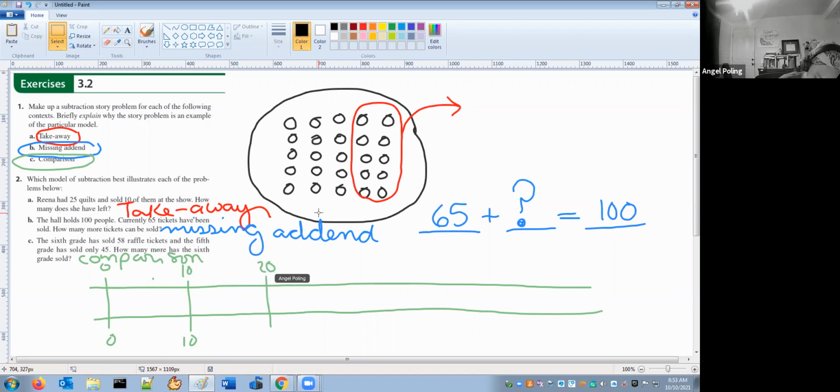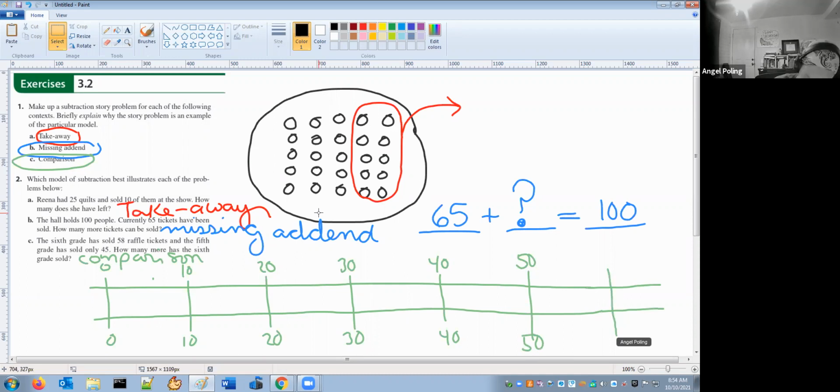20, 30, 40, 50. I need a little bit longer lines. Or 60.